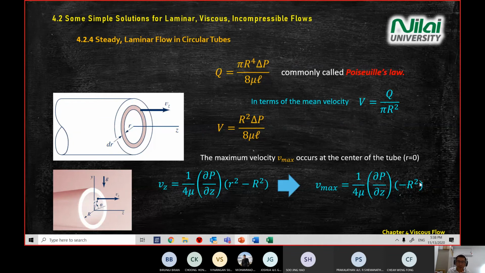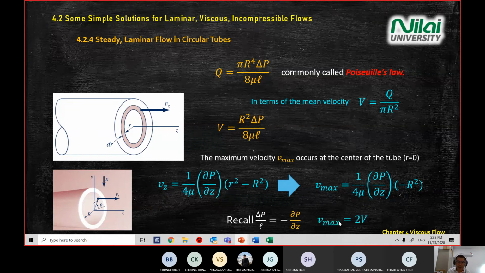So you only have negative R squared and your pressure difference, del P divided by del Z. And recall again, delta P divided by L is the negative del P over del Z. You can change your Vmax into quantities that you can measure from the experiment.